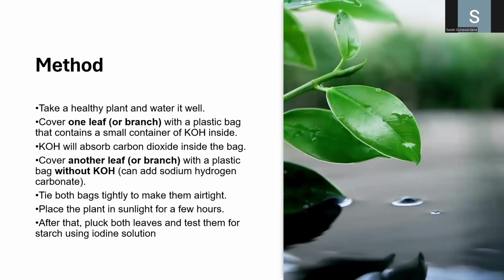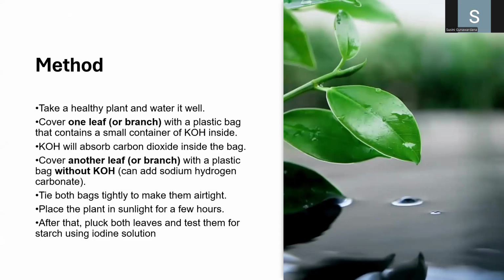Instead, we can add sodium hydrogen carbonate. Sodium hydrogen carbonate will release carbon dioxide. So we have one plant without carbon dioxide and another plant with carbon dioxide. We need to tie both bags tightly to make them airtight.